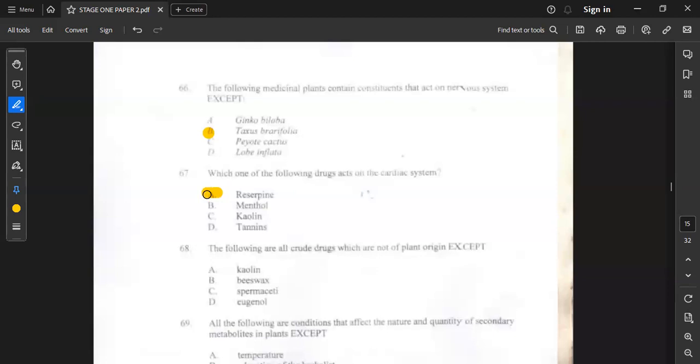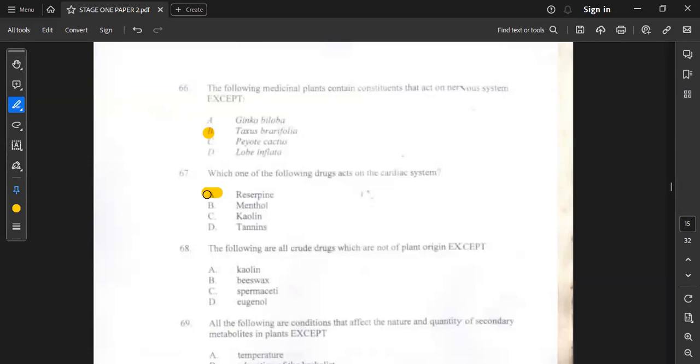Yes. Can we recall if it was in a pharmacognostic question? The plant Rauvolfia serpentina.